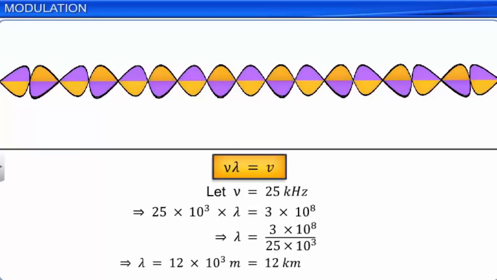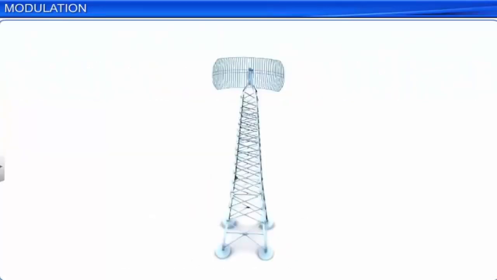If we transform the low-frequency message signal of 25 kHz to a high-frequency radio signal of 25 MHz, the wavelength of the signal to be transmitted reduces to 12 meter as per the calculation shown. As the wavelength reduces to 12 meter, the size of the antenna required for transmission of the message signal is reduced.